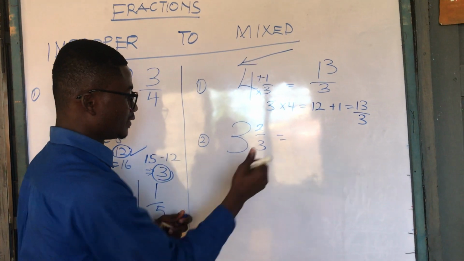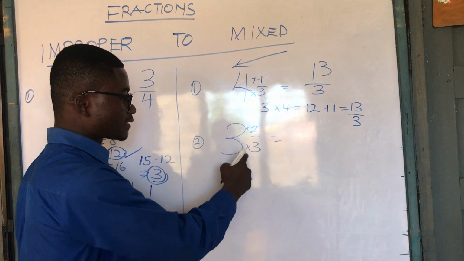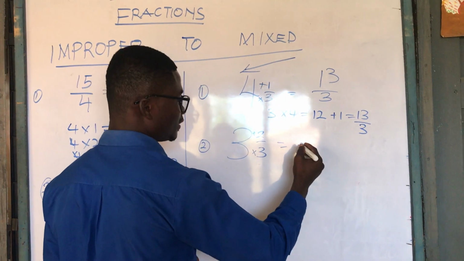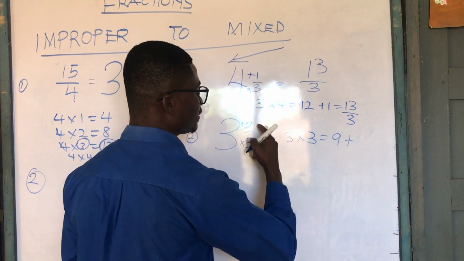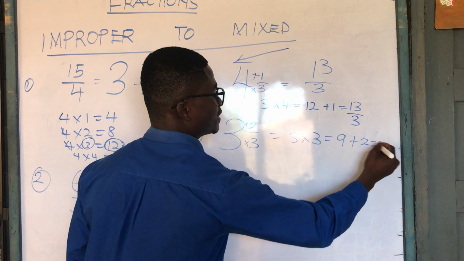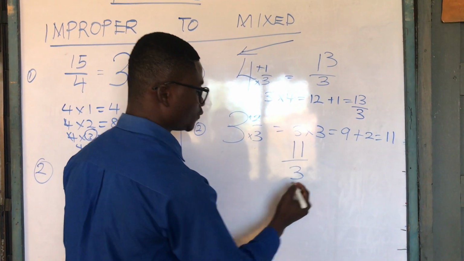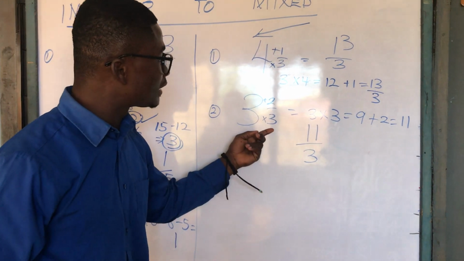The same way, we put the multiplication here and our plus here. The product you get from here, you add it to this. So we have 3 times 3, which is 9, plus 2, which gives us 11. So we have 11 over 3. Don't forget, this denominator here is always the denominator of the what?